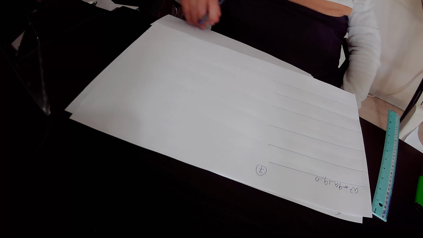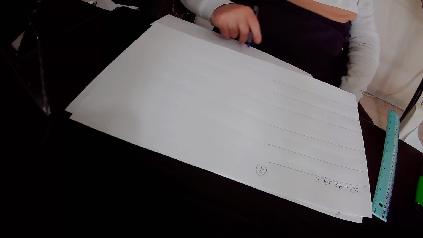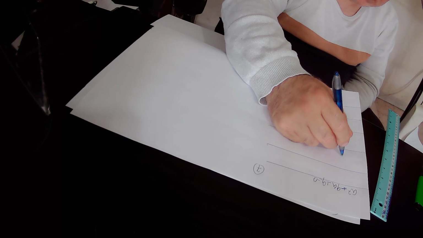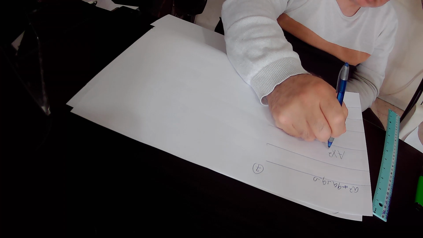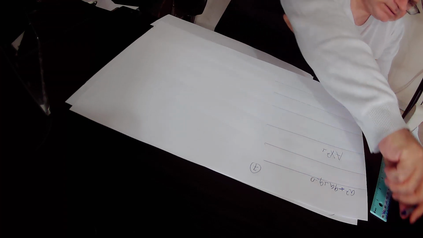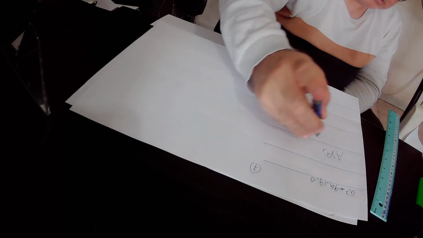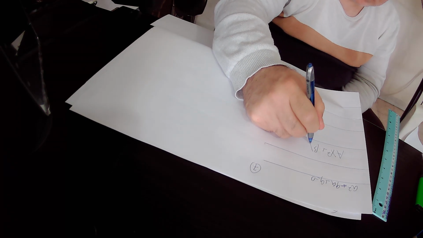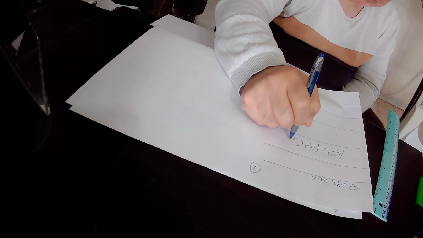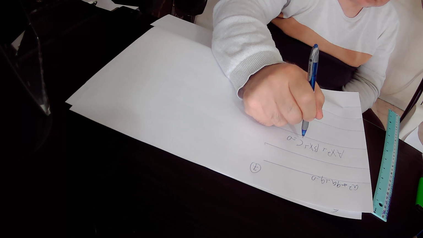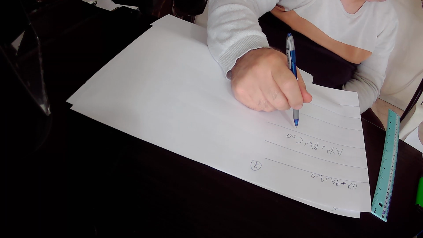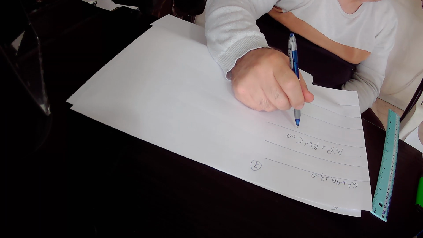So actually this is a quadratic equation, and the general formula for a quadratic equation is ax squared plus bx plus c equals 0. In this general formula, a, b, and c are the coefficients of the quadratic equation, and x is the variable that we are looking for.